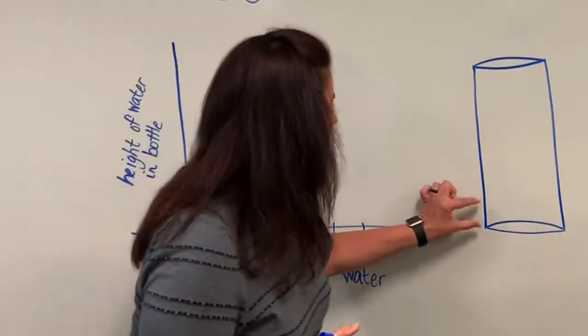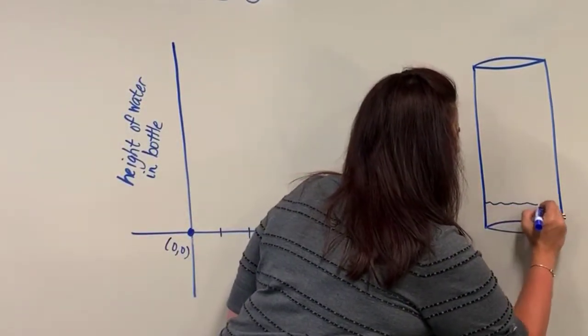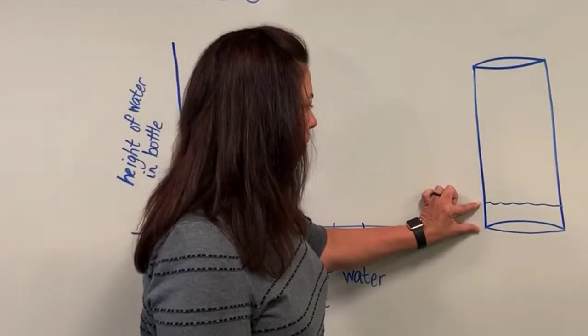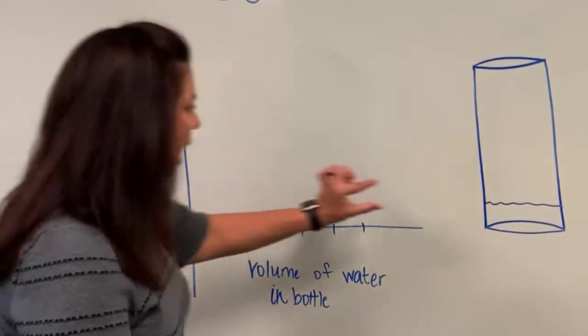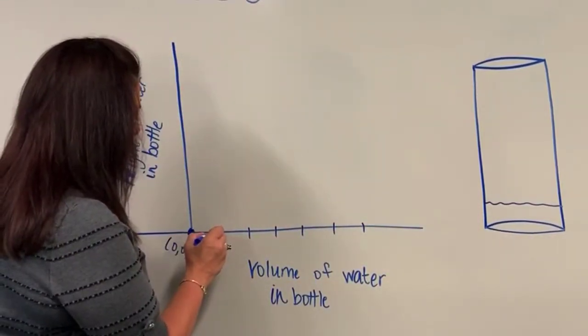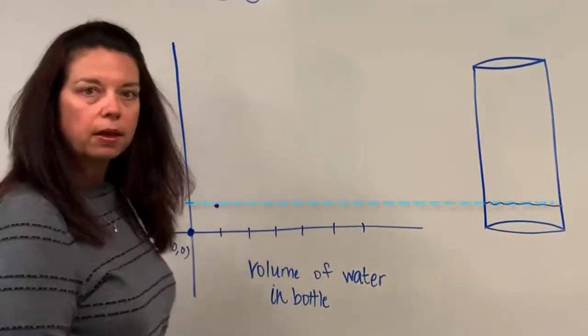So here, if I add an amount of water to the bottle, let's say I'm gonna add some amount of water, and here I am, in terms of the height of that water in that particular bottle. Then I can map that quantity over here to my graph and say for some amount of volume being added, I have a height that's about this much here. Okay.